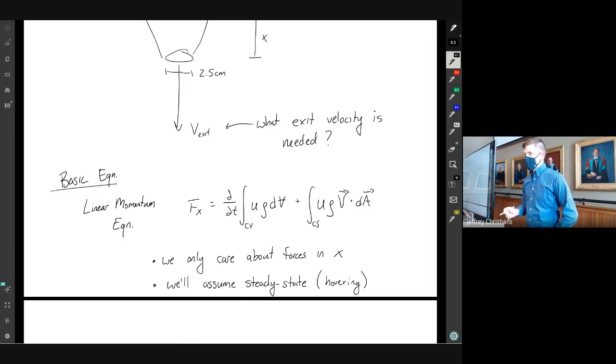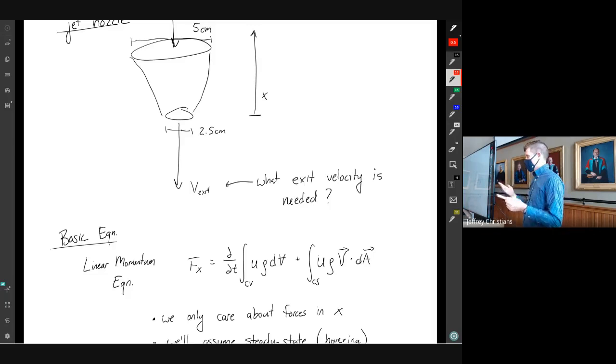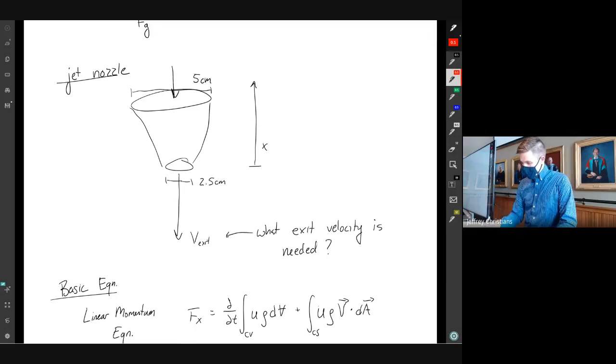It doesn't mean that the water is not flowing. It means that the flows are not changing in time. So if you took a snapshot, water's going in, water's going out, but things are not changing in time. It's kind of a weird distinction because normally we would talk about steady state as there's no acceleration happening. But if you're a water particle traveling through our nozzle, you're going to start out slow, speed up, and get shot out fast.